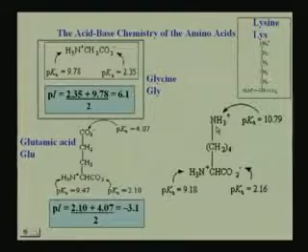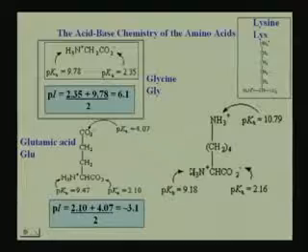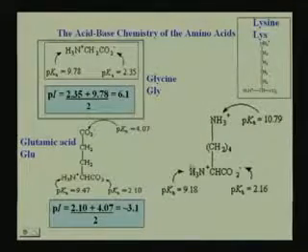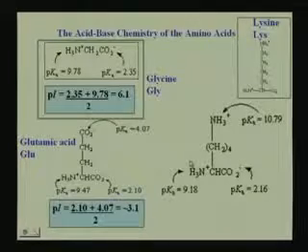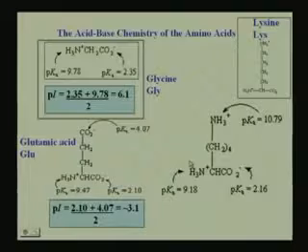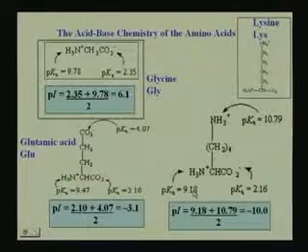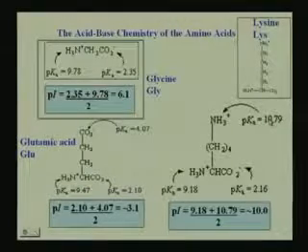Now I have to lose the next proton. The next proton that is going to be lost is the amino group proton of the amino acid. Then to calculate the pI, in this case going from a +1 to a 0 through to a -1, it is going to be 9.18 plus 10.79 divided by 2.